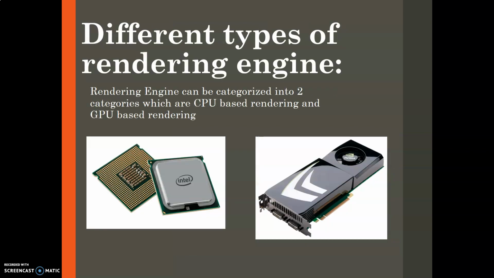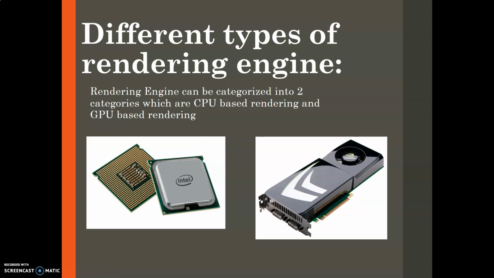Okay, these days, because the technology is getting better and better, there are two different types of rendering engine. There is the CPU base, which is the one on the left. This is a CPU, and there is a GPU base, the one on the right. Now, Arnold, if you're using the old Arnold, which we are using now, I think it's CPU base, so the render tends to be a little bit slower.